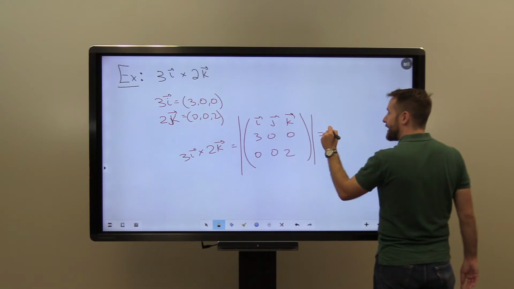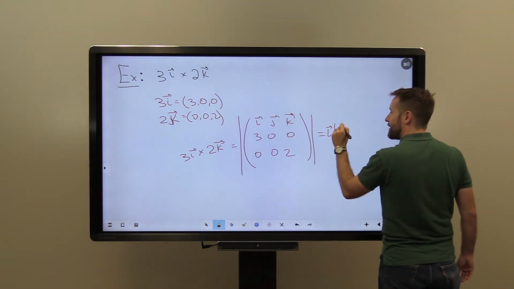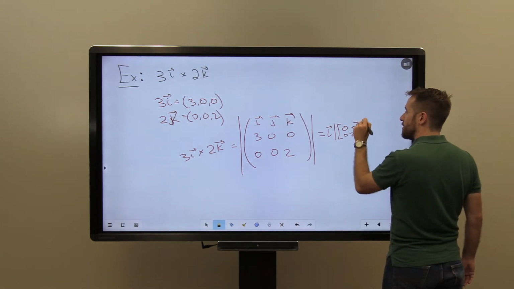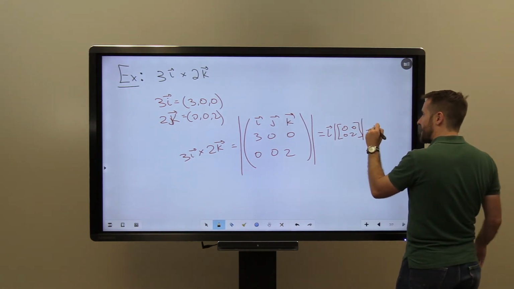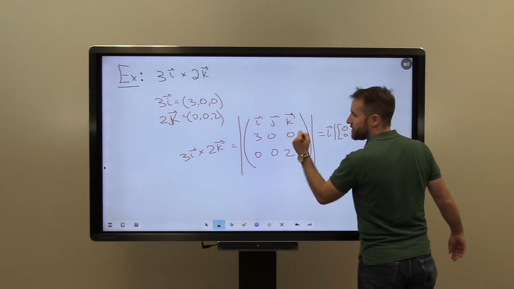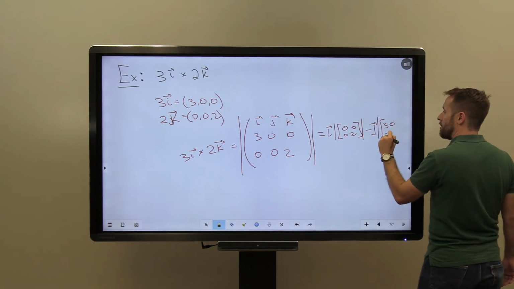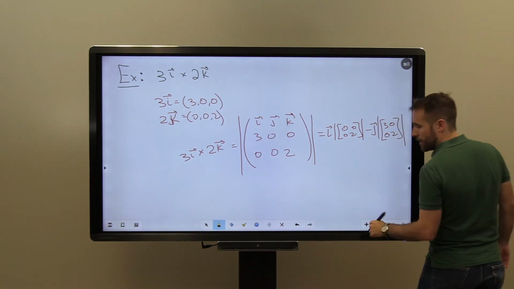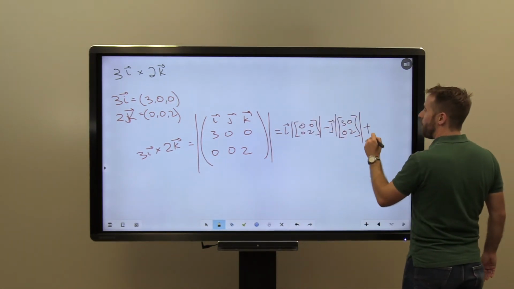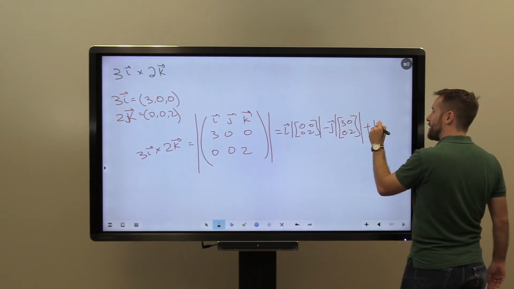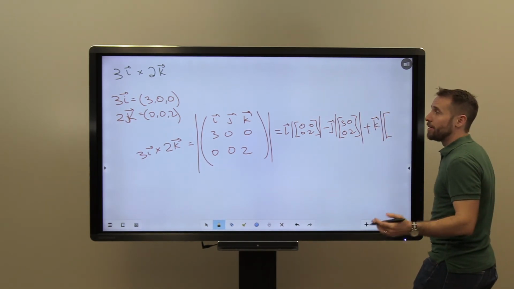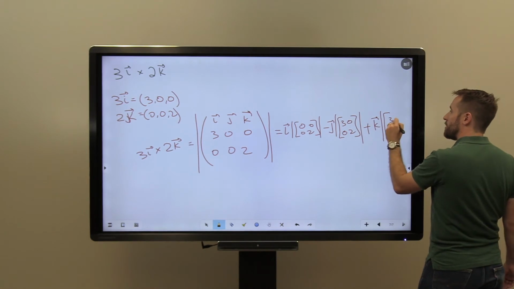For my i entry, this would be i times the determinant of what's left over, that's 0, 0, 0, 2, minus j times the determinant of what's left over, which will be 3, 0, 0, 2. Plus k times the determinant of what's left over, which will be 3, 0, 0, 0.